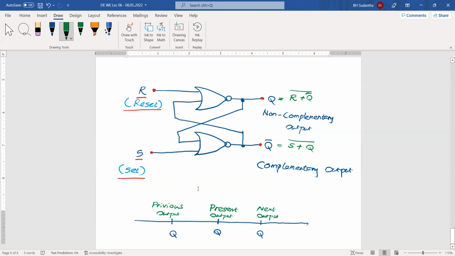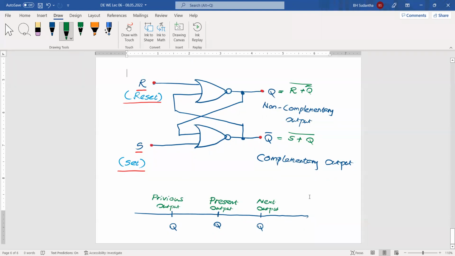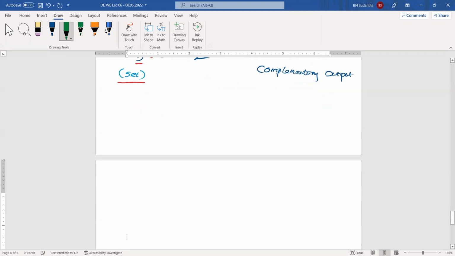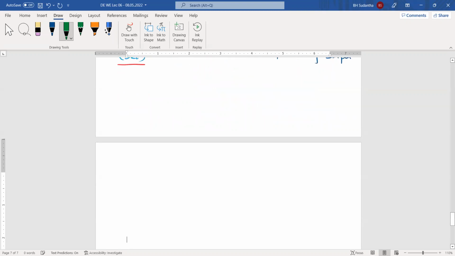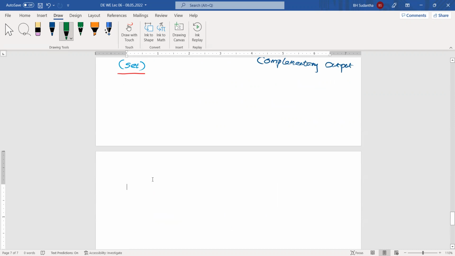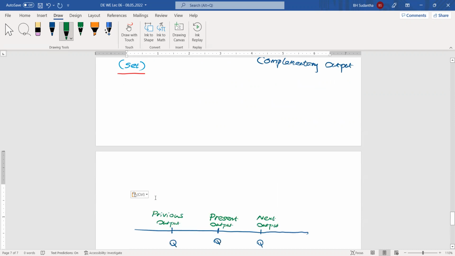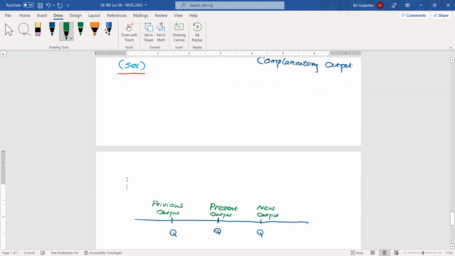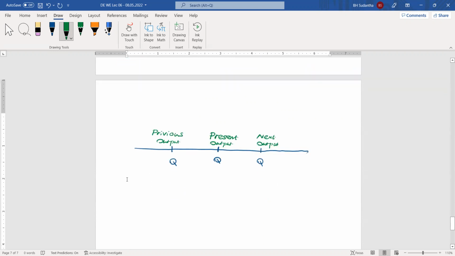It's not a difficult thing, just a timeline notation to show the difference between the present, previous, and next output levels.